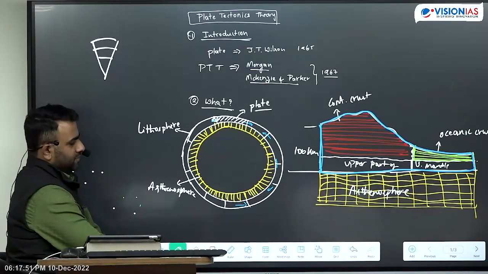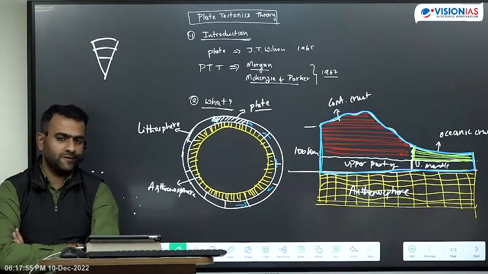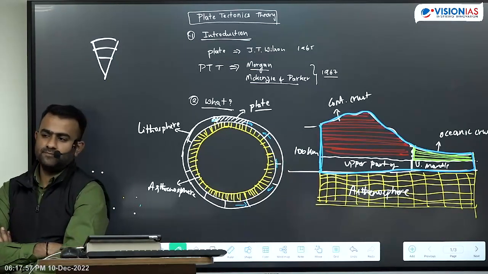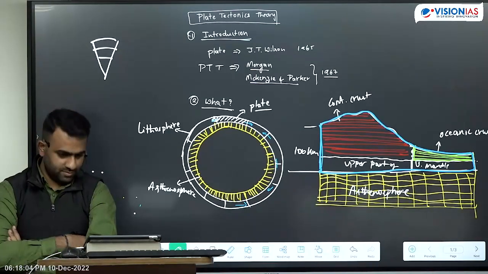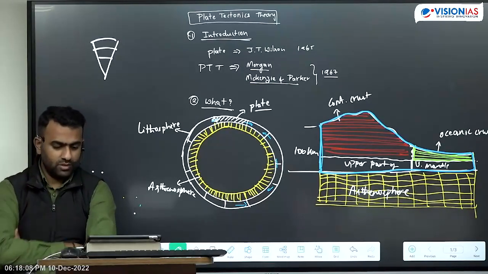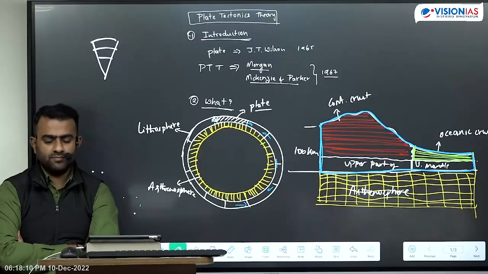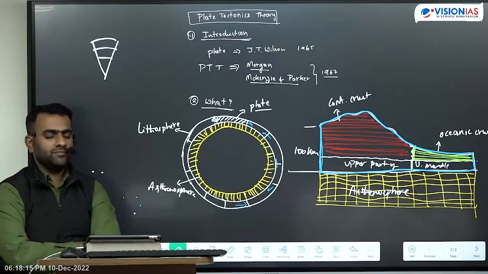Next point: there are 7 major plates on the Earth's surface. What are they?